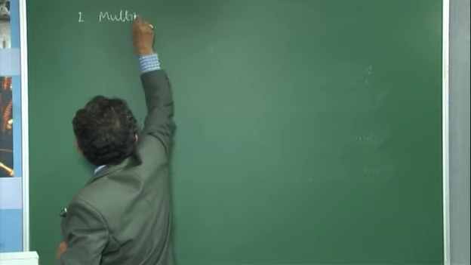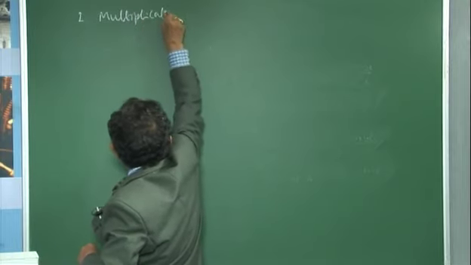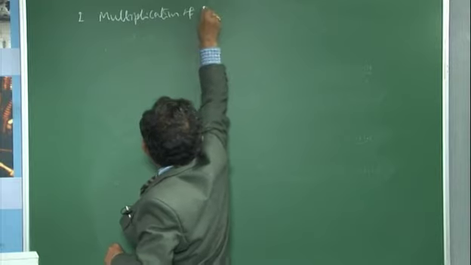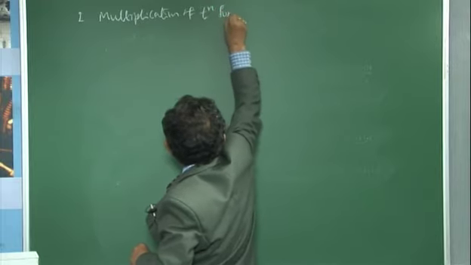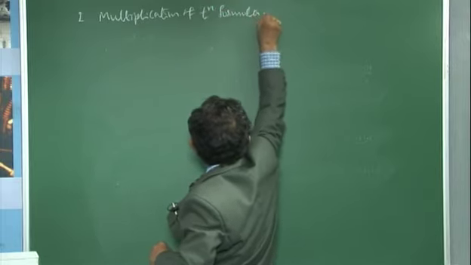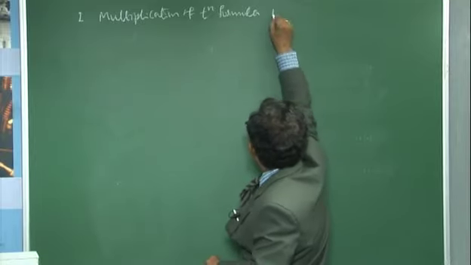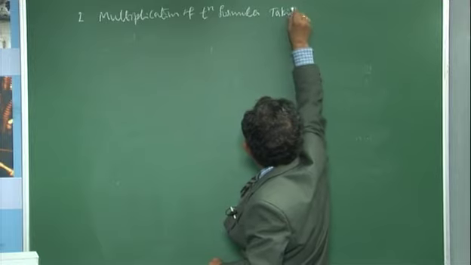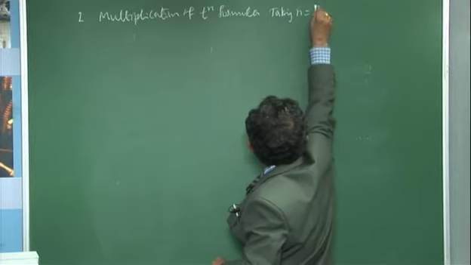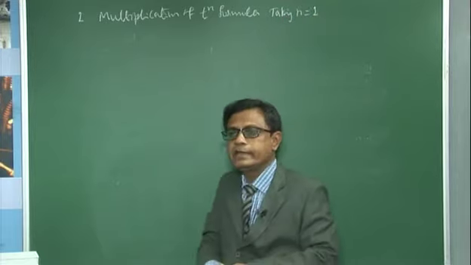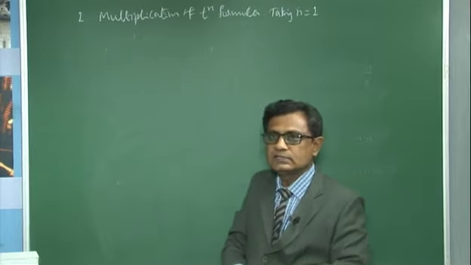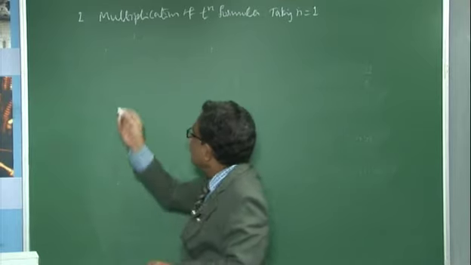Multiplication of t raised to n formula, taking n equal to 1. What is this formula?